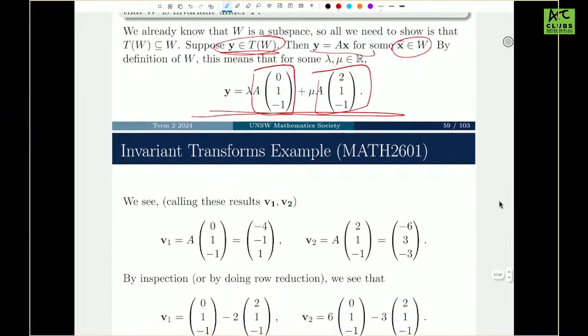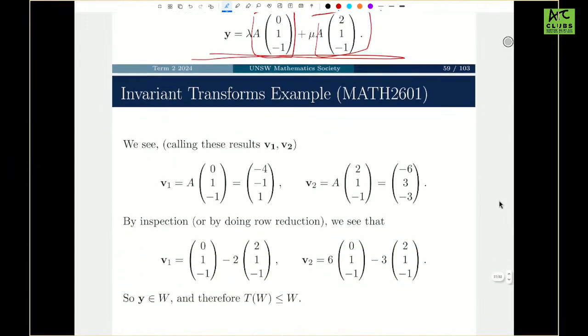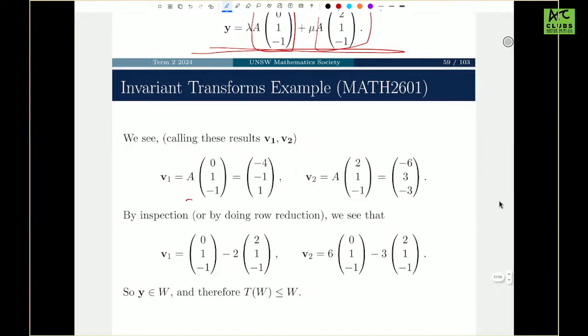Okay, so I'm just going to call them v1 and v2 for A of the first one and A of the second one. You can just calculate with matrix multiplication, matrix application to a vector, to get these two.